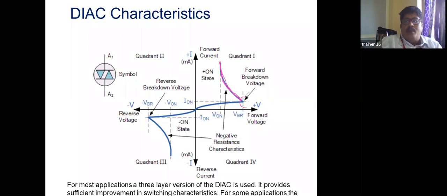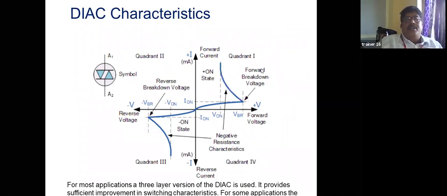From this point we can call it the forward breakdown voltage. Similarly in reverse bias, when the negative supply voltage increases, from this point a breakdown occurs, and thereby the negative current increases. For a small change in the voltage, there is a large increase in the current.